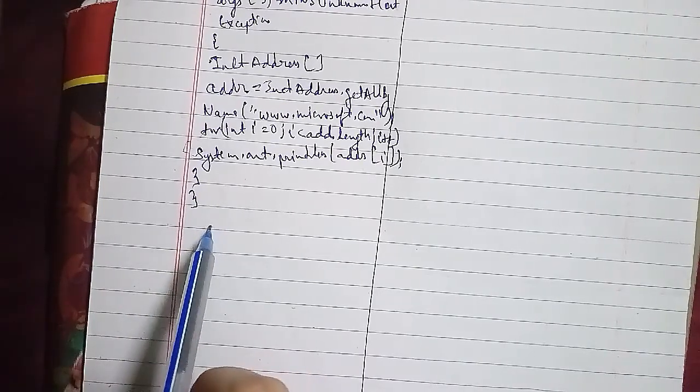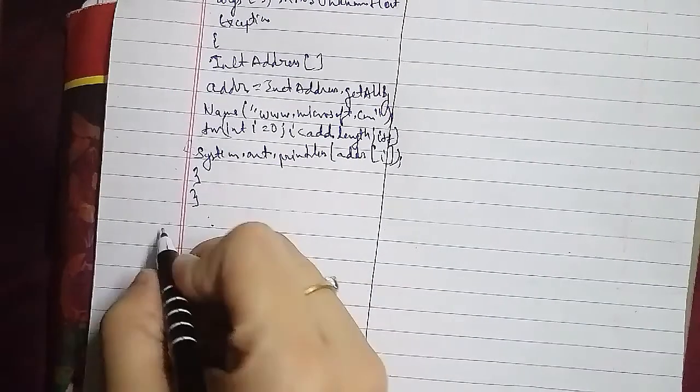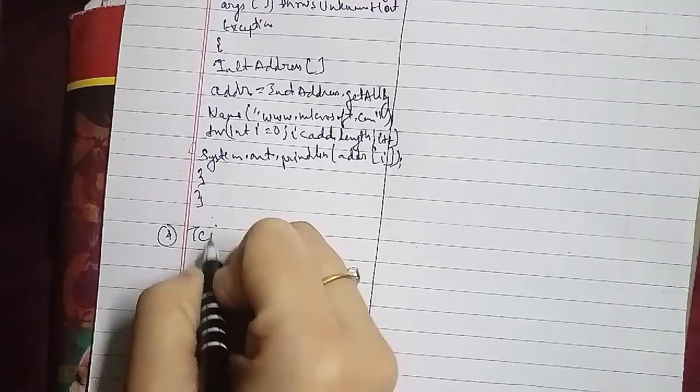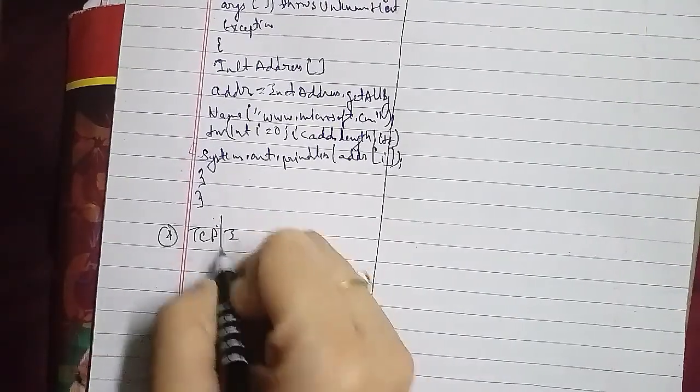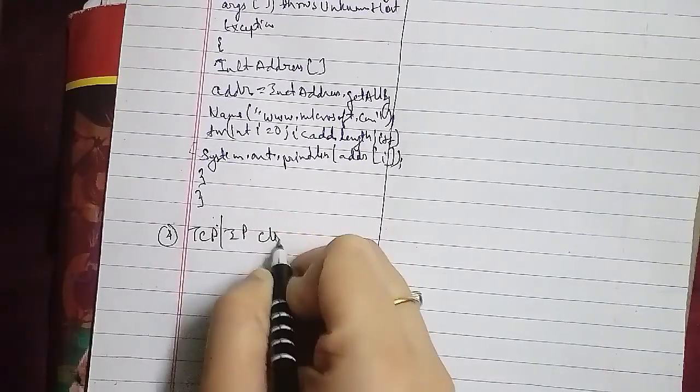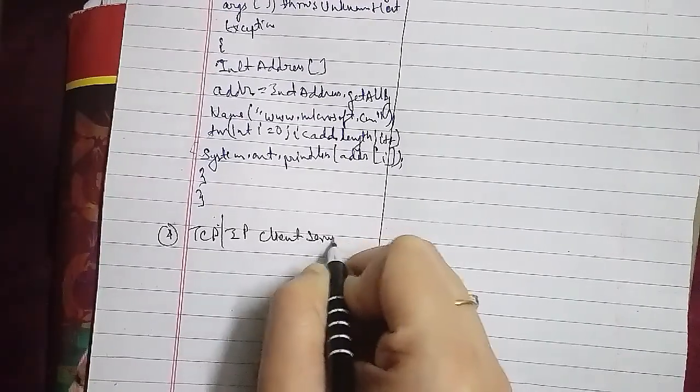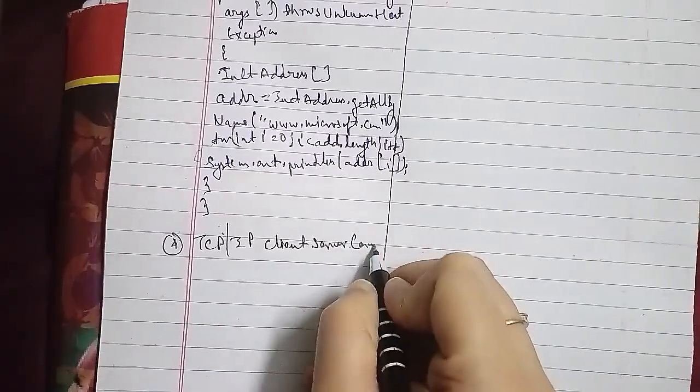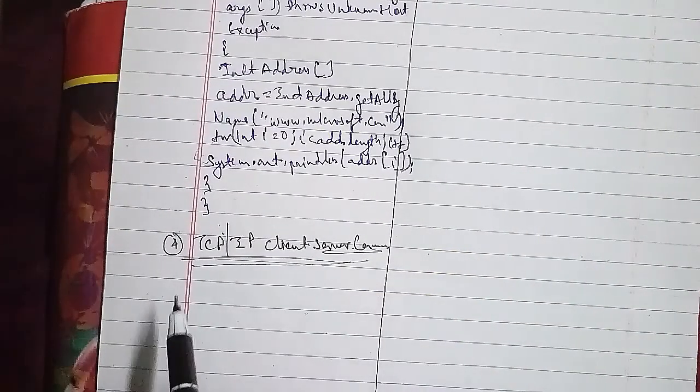Like if I am dealing with the client, and the server here as well. So here we'll discuss one by one. Mostly three points we'll discuss in reference to the client and server with regard to TCP/IP client server communication. First, the client creates a TCP socket, and the server creates a TCP socket.